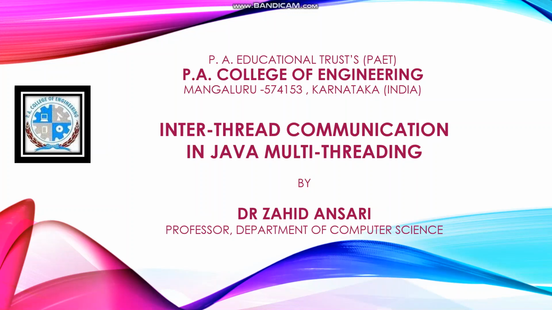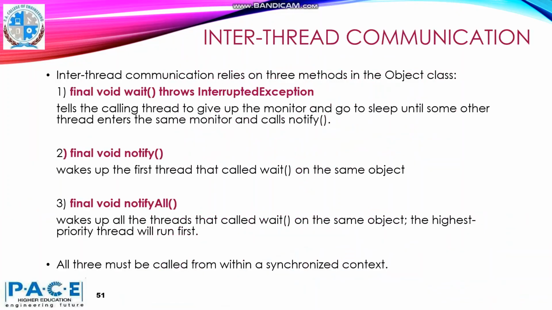In this video, I am going to discuss inter-thread communication in Java multithreading with the help of an example. In inter-thread communication, we rely on three methods in the Object class.